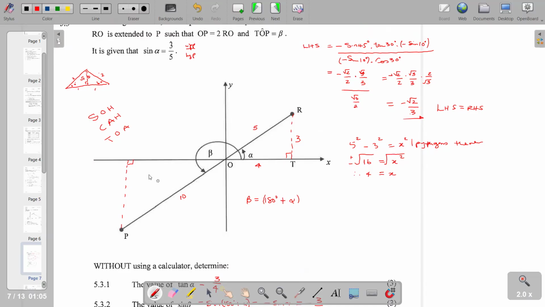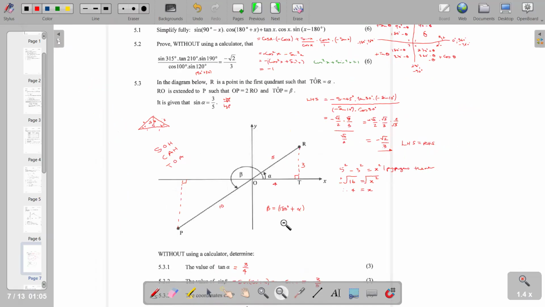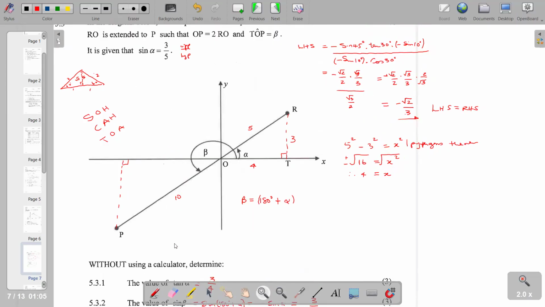As you can see, this triangle here, I can call this point M.